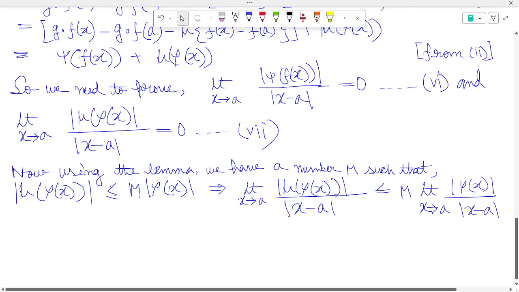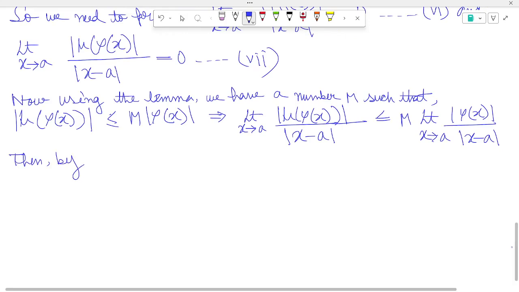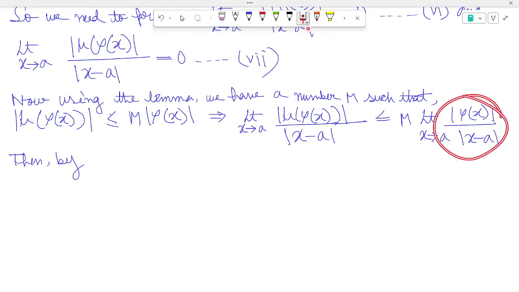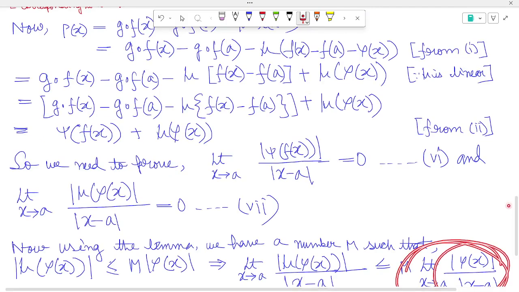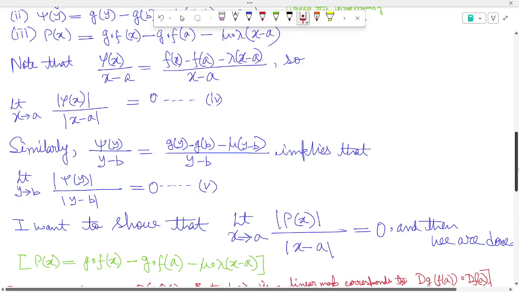Then we are done. So this is 0, right? This limit, because by this result we have written this, right?